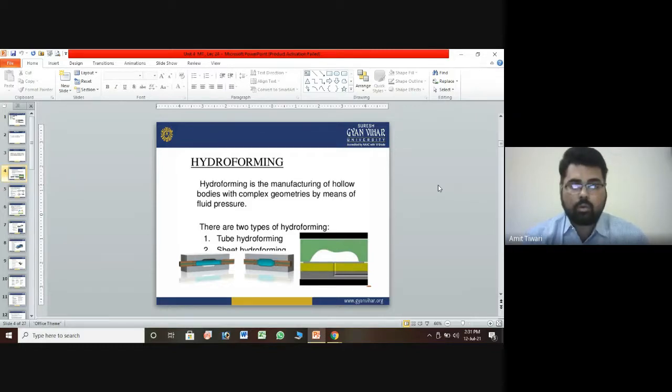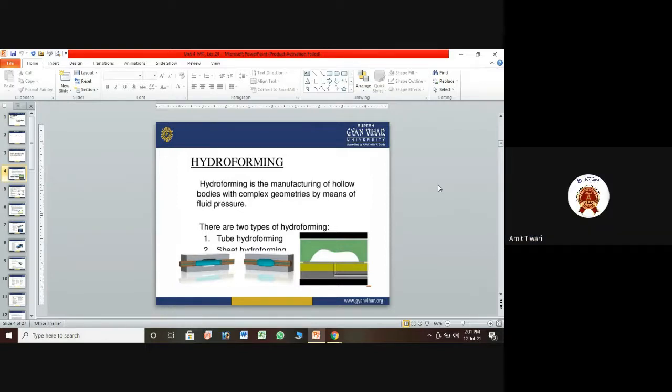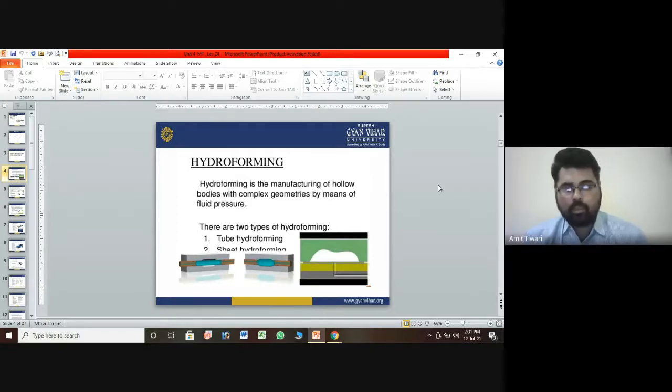For example, if you want to make a tube or any cylindrical tube, it can be made by hydroforming processes. Hydroforming basically means the pressure of a fluid applied on that particular area where the formation of the shape takes place.